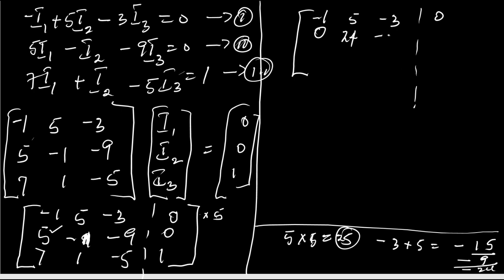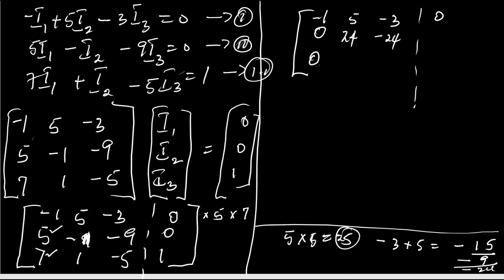Next we want to eliminate the 7, which falls on the first column and the third row. To eliminate 7, we'll multiply the first row by 7. 7 times minus 1 becomes minus 7, plus 7 is 0.